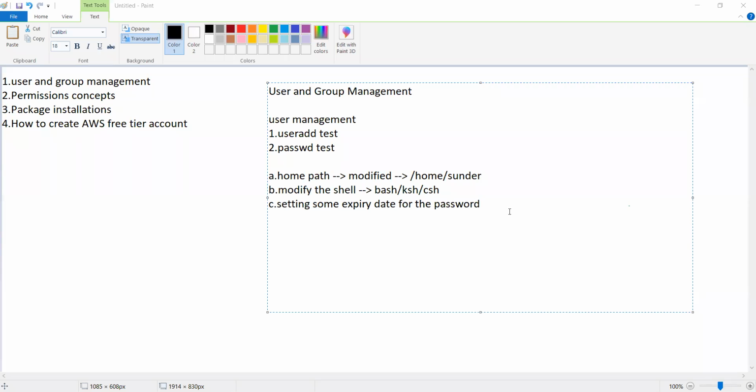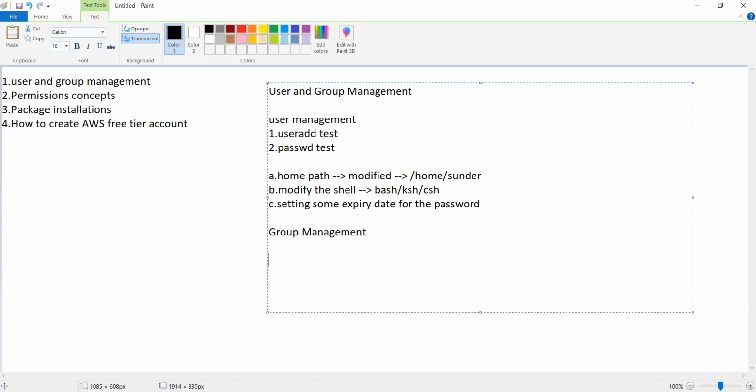Okay, so let's go with group management. Let me start with group management. Group management is basically, let me take a simple example to make it clear.